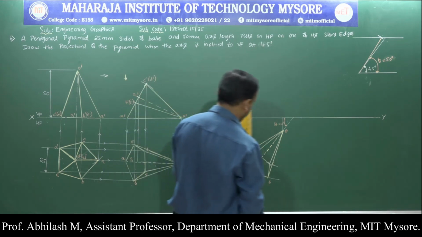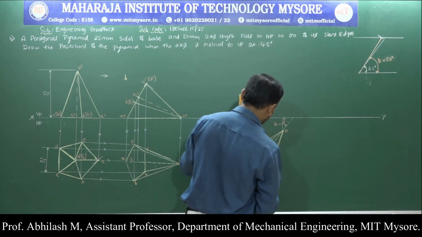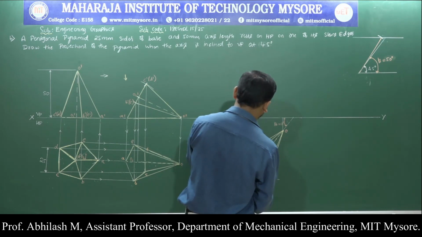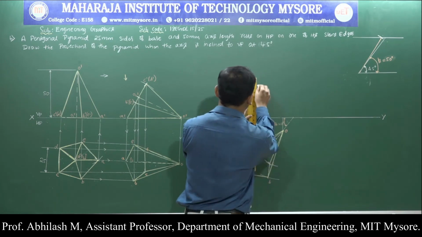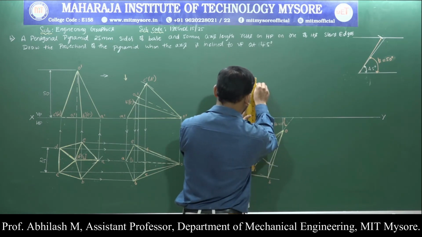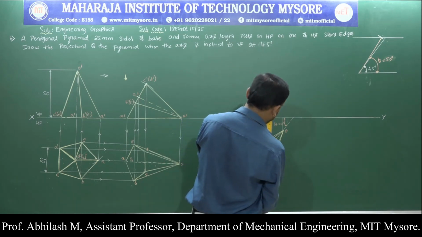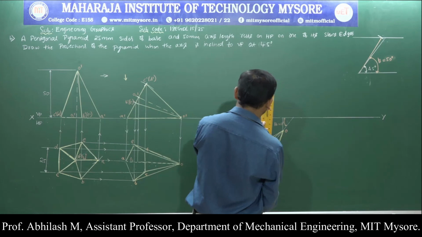From the point D, supposed to draw the projection line. From B to C I am supposed to draw the projection line which comes along the same line basically.